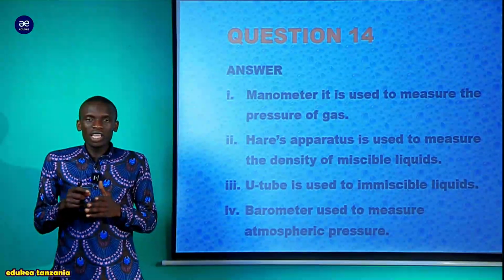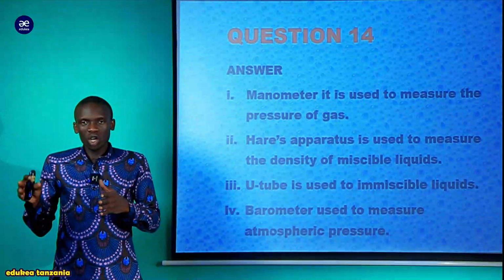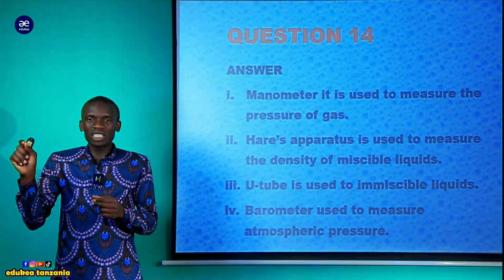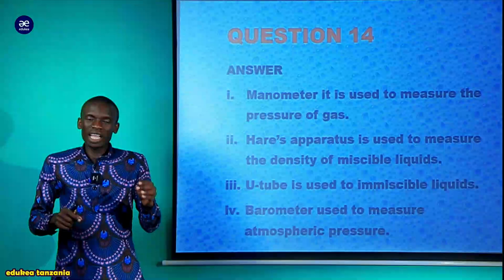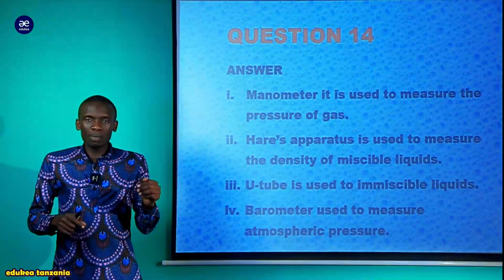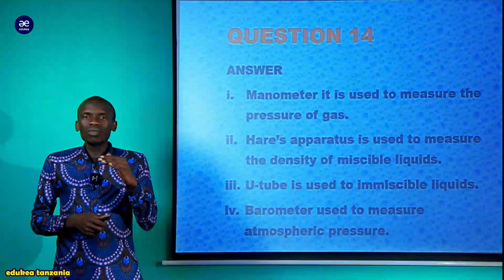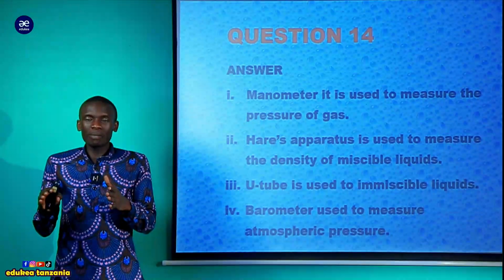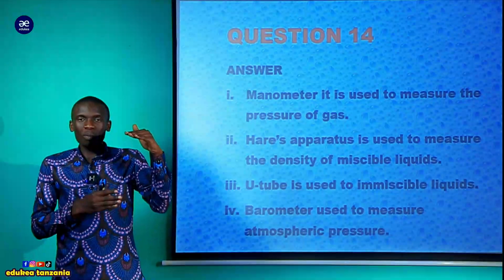So hii inapima atmospheric pressure kwa kuangalia uhusiano wakati inapima pressure ya gas kwa kulinganisha na atmospheric pressure. Kwa hiyo kama pressure ya gesi inakuwa ni kubwa sana, kinachotokea ni kwamba liquid mercury ambayo ipo ndani ya ile tube, ile manometer, itapanda upande wa gesi kwenda kubalance pressure.